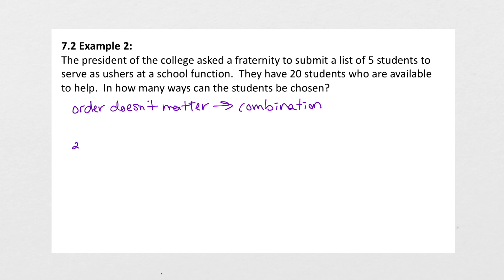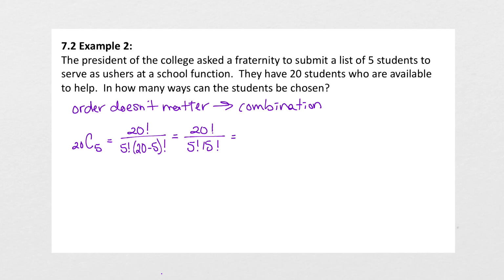There's 20 total students, C, and then we want 5 of them. So for a combination, the formula says we'll put 20 factorial on top, then 5 factorial and 20 minus 5 factorial on the bottom. I'm going to go ahead and simplify the bottom: 15.